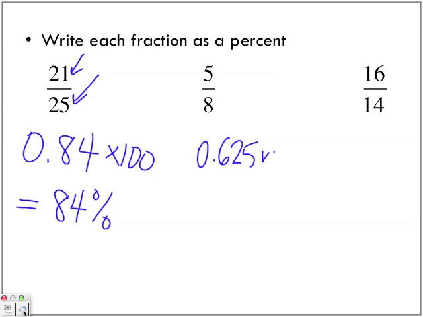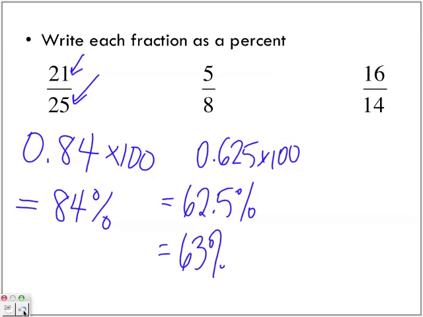And what do we get? 62.5 percent. Now if I asked you to round to the nearest whole percent, 62.5 would become 63%.